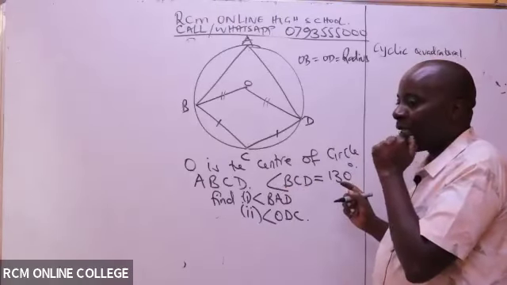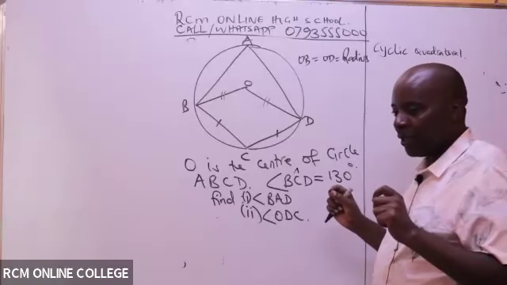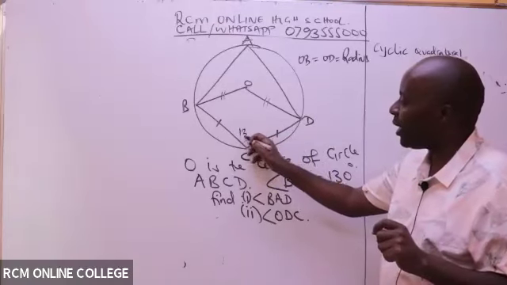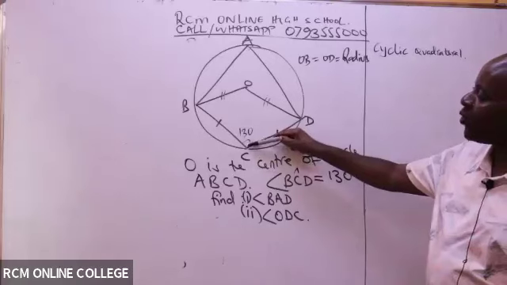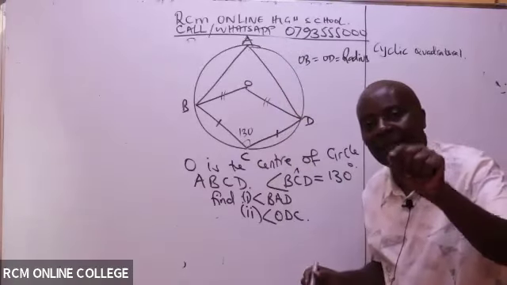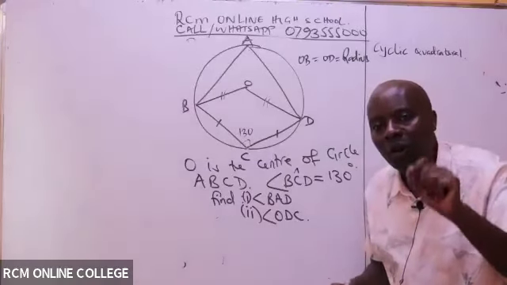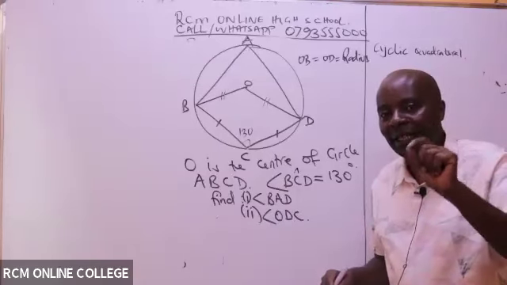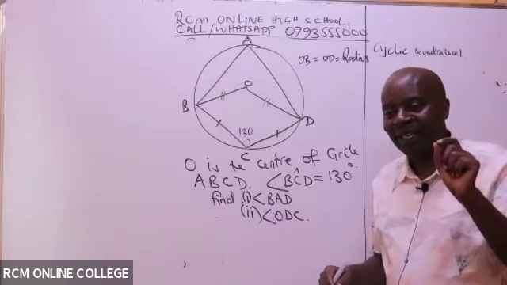When they talk of angle BCD, it means C, the middle one, is the angle. So BCD has to be 130. Now remember the concept of opposite angles over a cyclic quadrilateral. Whenever you add opposite angles of a cyclic quadrilateral, they must give you 180 degrees.